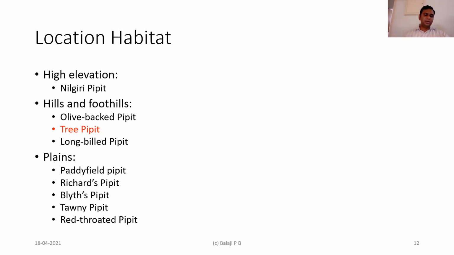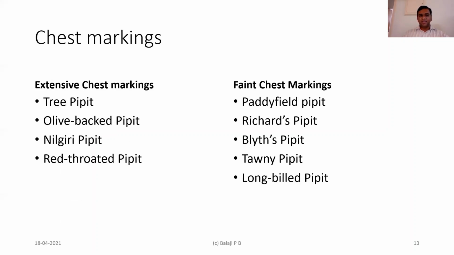So the location is a very important clue in identifying the pipit. And chest markings. So there are the tree pipit, the olive-backed pipit, the Nilgiri pipit, and the red-throated pipit.